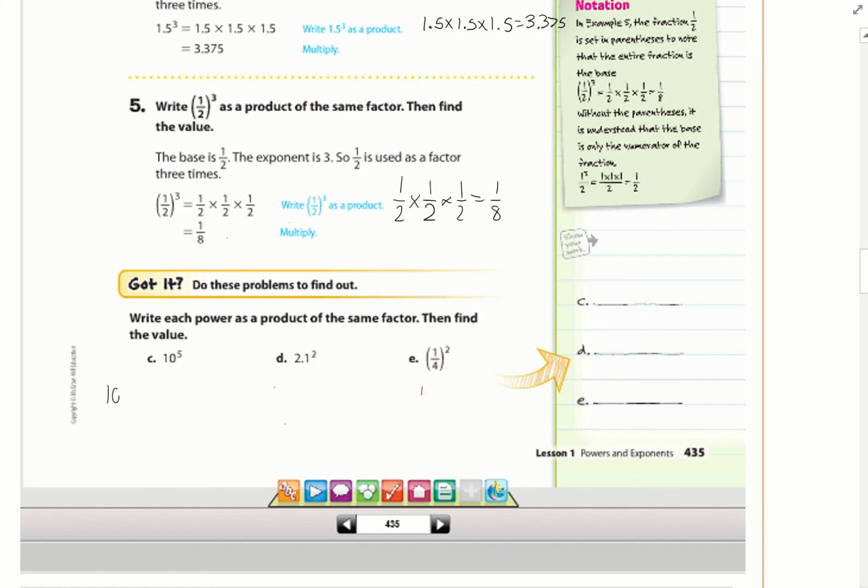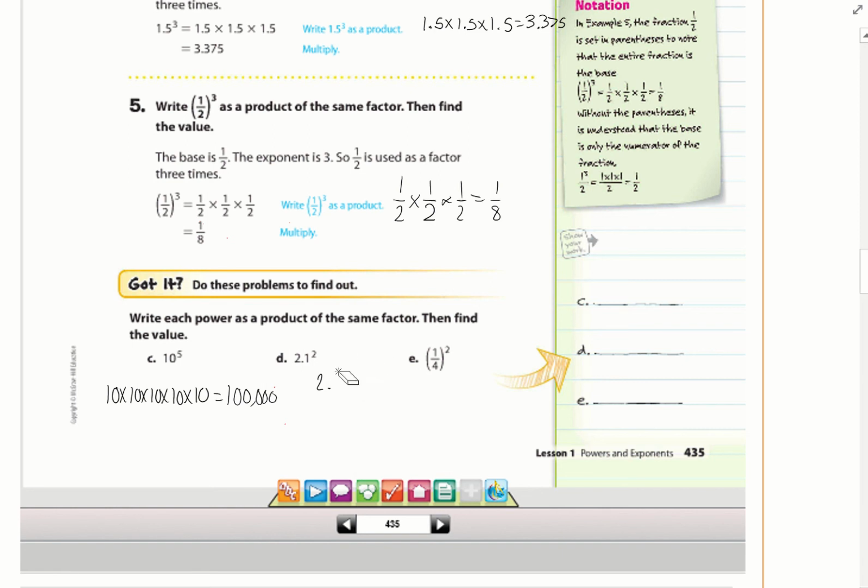So we have 10, we have that 5 times. So we have 10 times 10 times 10 times 10 times 10. And that's going to equal 1, 2, 3, 4, 5 zeros, 100,000. And then we have 2 and 1/10 squared.